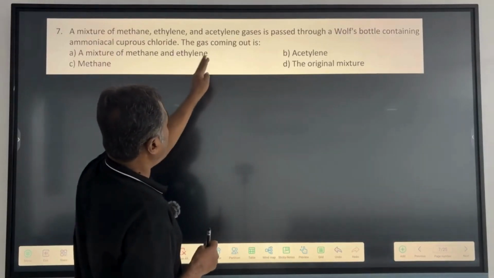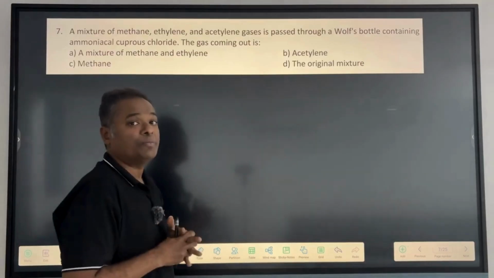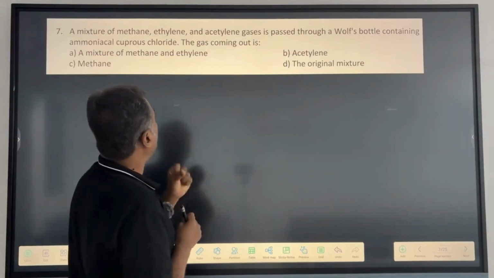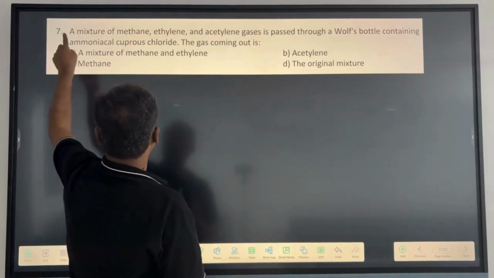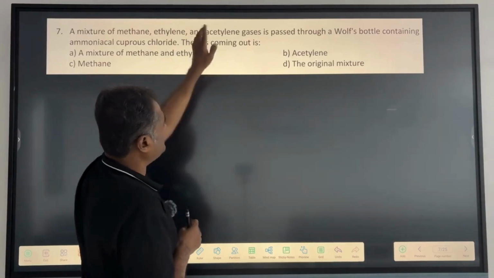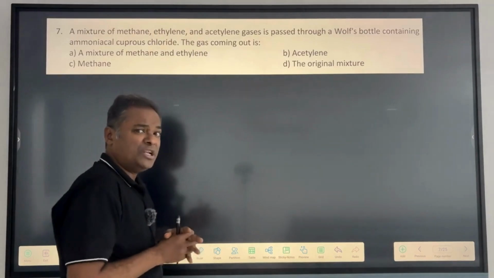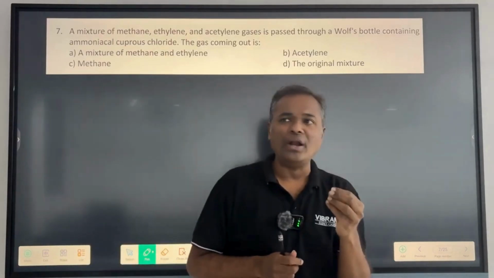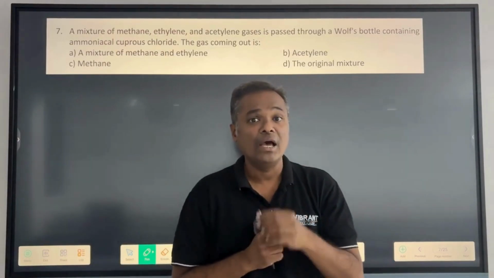The gases which will come out from this bottle would be. Now, first of all, you should know one thing very clearly. In this example, one is given as alkane, one is given as alkene and one is given as alkyne. Now, ammoniacal cuprous chloride: you have one topic called alkynes where we talk about ammoniacal cuprous chloride.